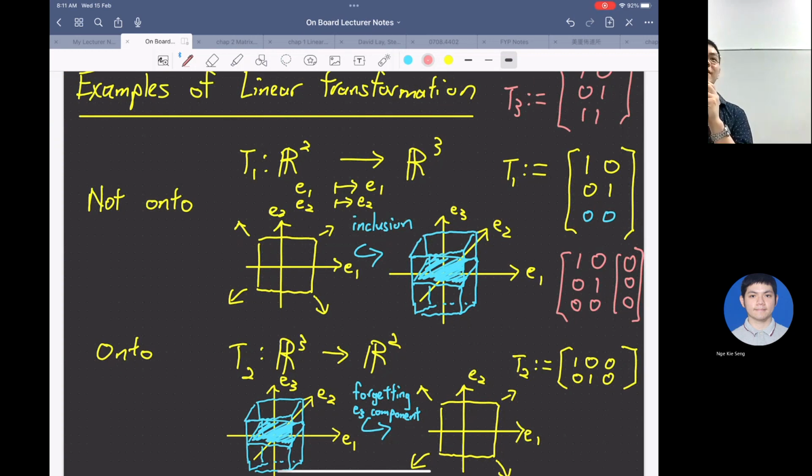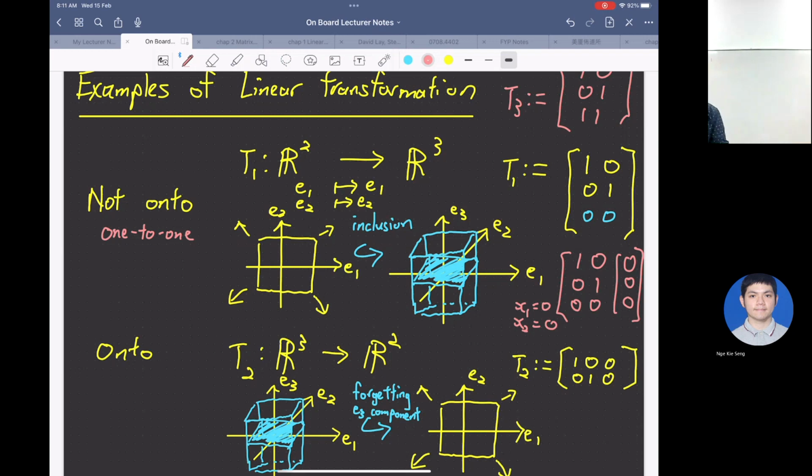Yeah, x equals 0. So x1 equals 0, x2 equals 0. If you have issue, you should ask. This is before the quiz, you should ask. Okay, so in this case, T1 is one-to-one.